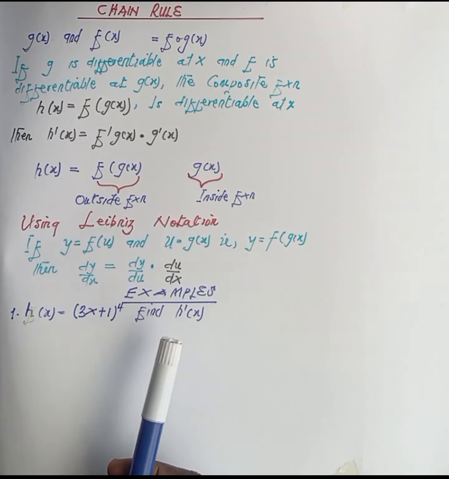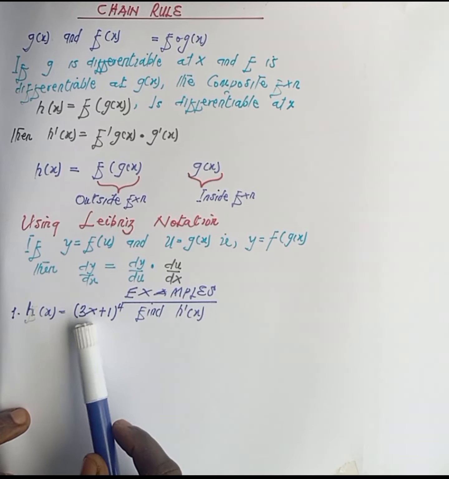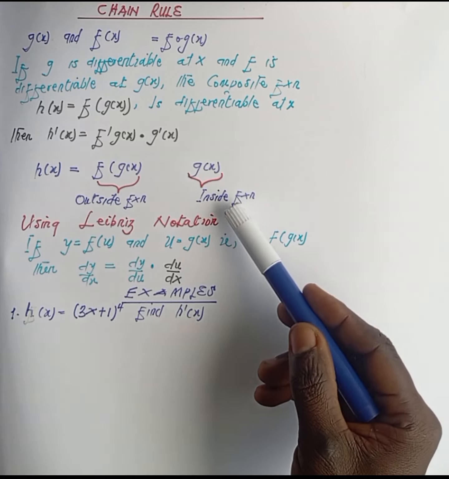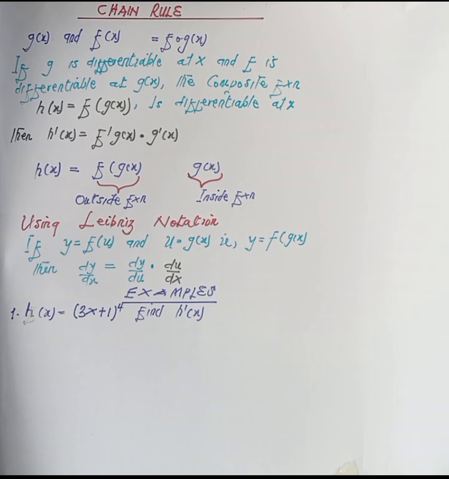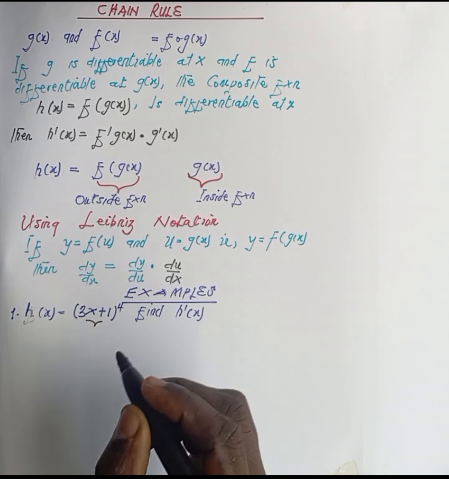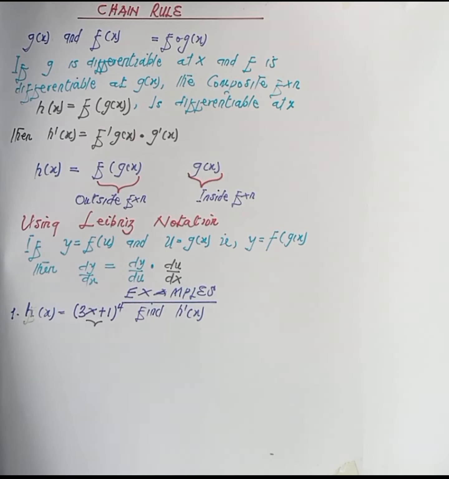So we have the first example. We are to find the derivative of this function. All we are going to do here is identify our inside function and our outside function. You can see that our inside function is going to be this, and our outside function is going to be the whole of that. So let's write it here.